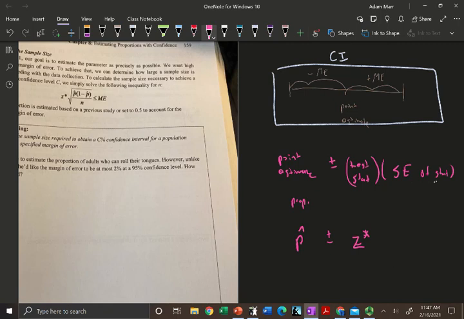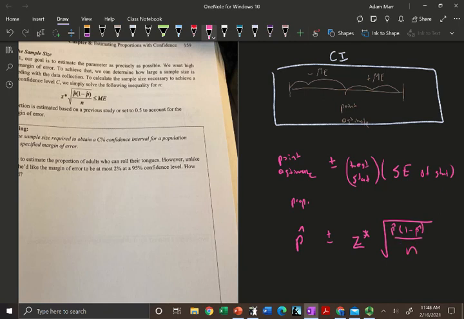And the standard error of the statistic, remember, is the same thing as the standard deviation of the sampling distribution, but we're just going to be using p hat this time. So it's the standard deviation of the sampling distribution of a sample proportion, but we use p hat: p hat times 1 minus p hat over n. So there it is. Okay, that's the formula.